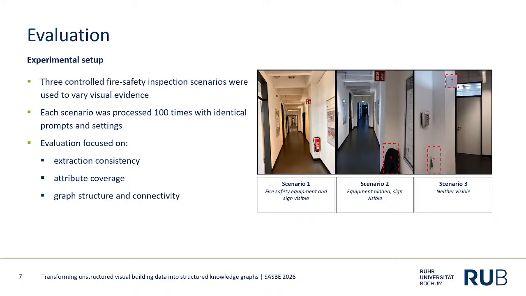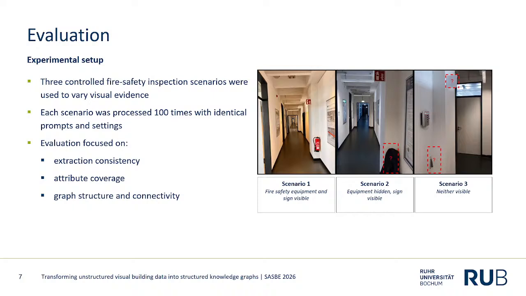So all the VLM calls use this model. So regarding the experimental setup, we defined 3 scenarios, as you can see on the right. Scenario 1 concentrates on a case where the fire safety equipment and the sign are both visible. The second one is where the equipment is missing, so you can't see here the extinguisher, but the sign is visible.